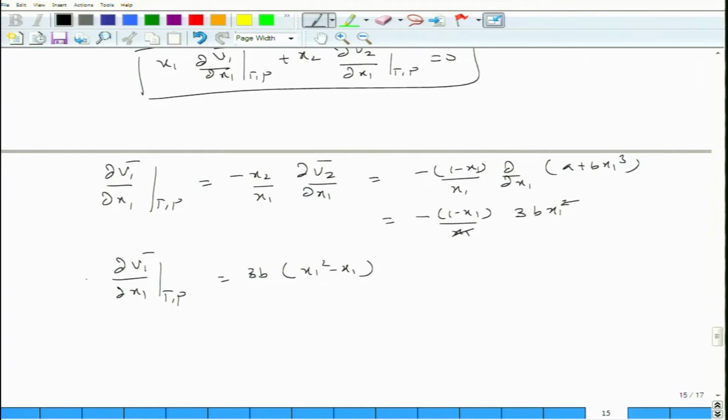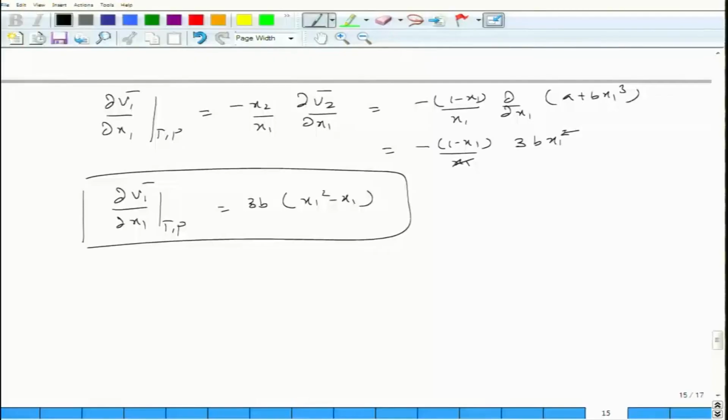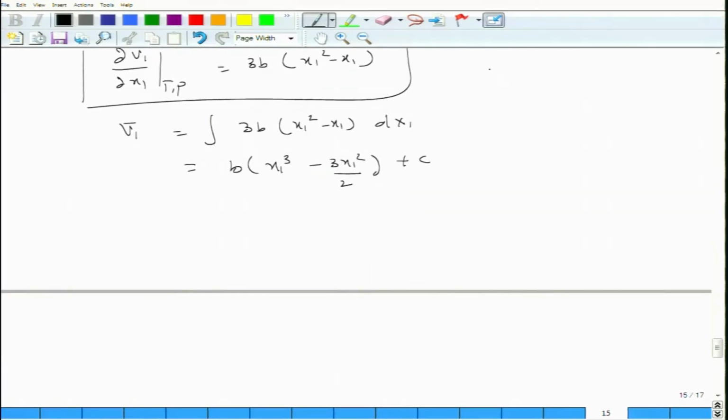So this is the expression for dV1 bar by dx1. Now I can integrate this. I can integrate 3b x1 square minus x1 dx1, and this is nothing but b x1 cube minus 3 x1 square by 2 plus c, some constant c. So how do you obtain this constant of integration?